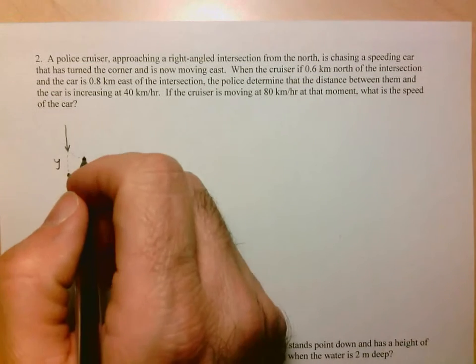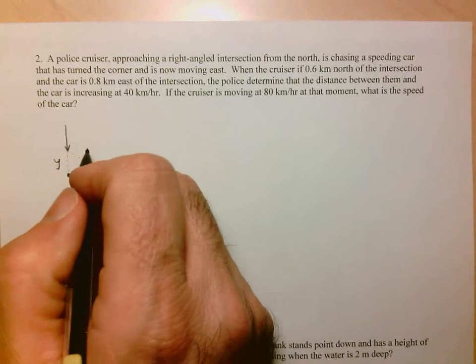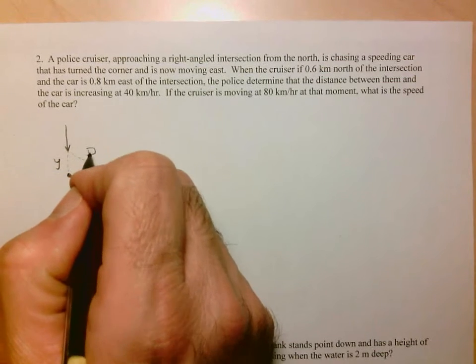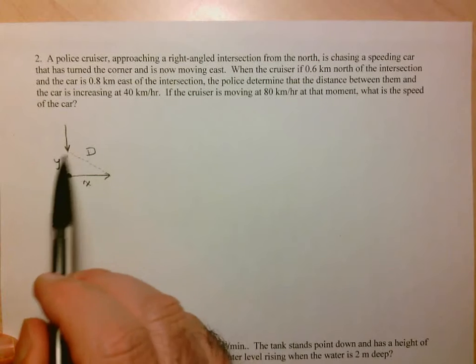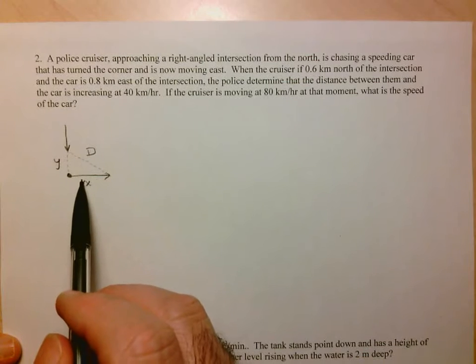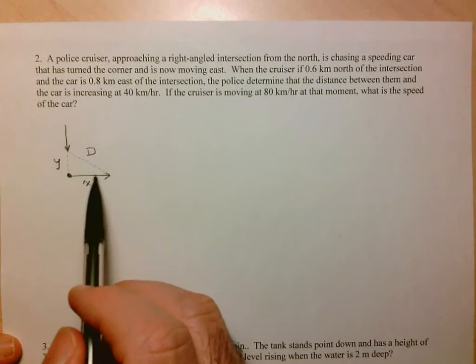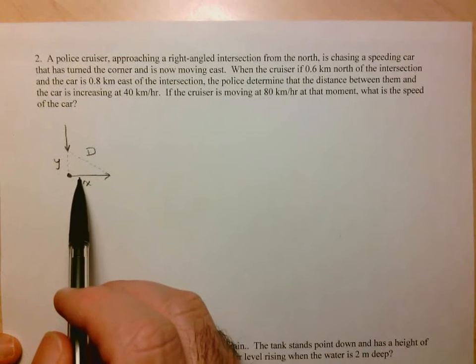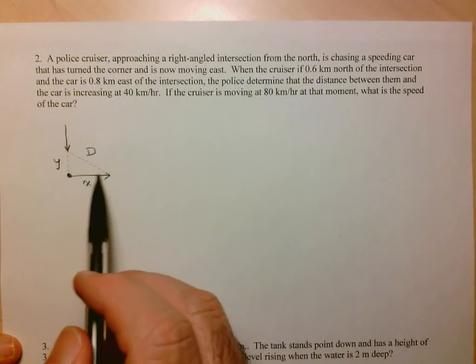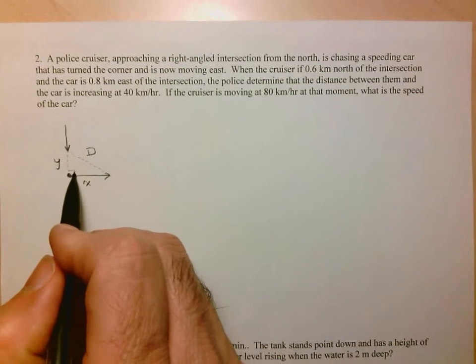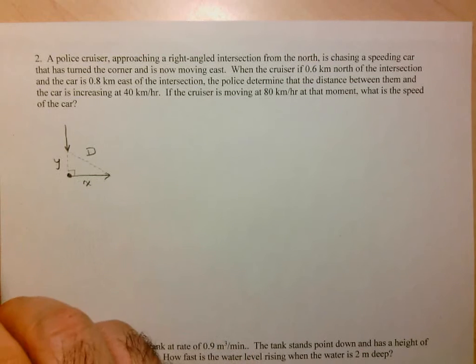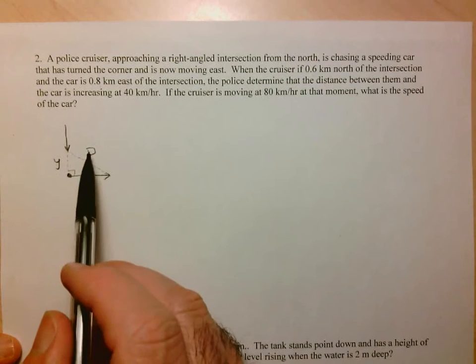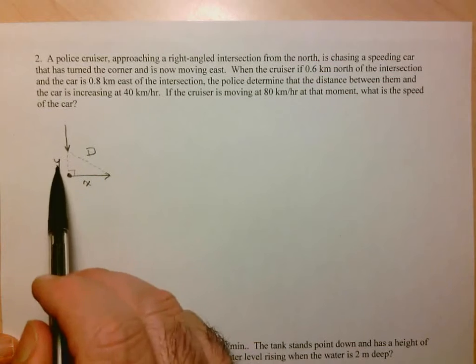Since I can't use lowercase d, which I use for derivatives, I'll call this capital D. The reason I'm working with distances and not speeds is that I'm noticing a right angle triangle, and with a right angle triangle I can use Pythagoras, which uses measures of distance. The speeds are just going to be given by the derivatives of these quantities.